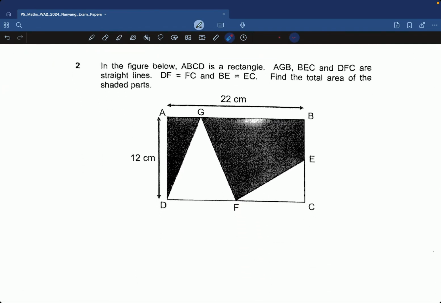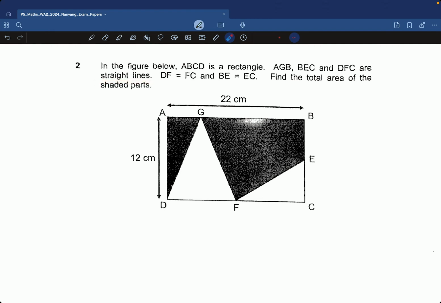Question 2. In the figure below, ABCD is a rectangle. AGB, BEC, and DFC are straight lines.